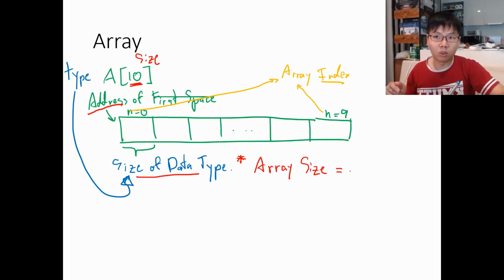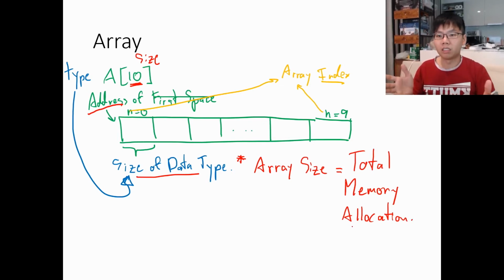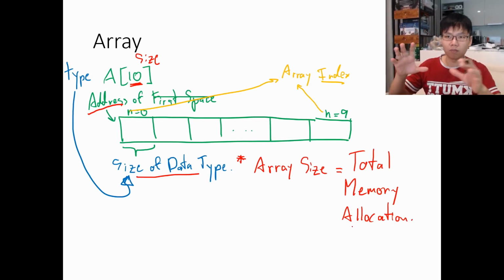That is equal to the total memory allocation of the array. Okay, that's just every single bit that has to be done.